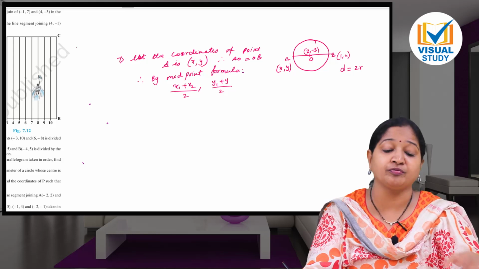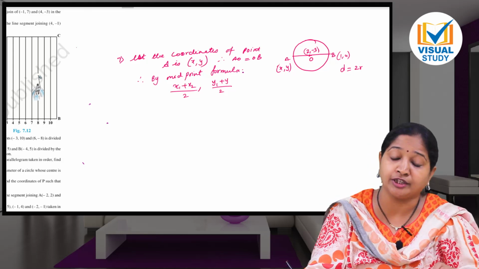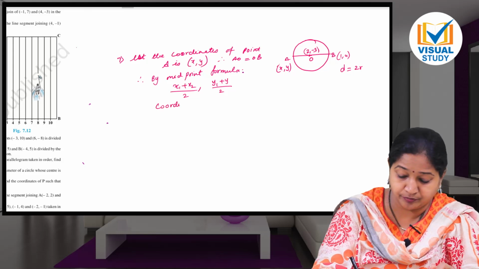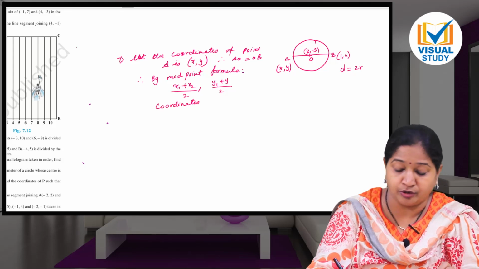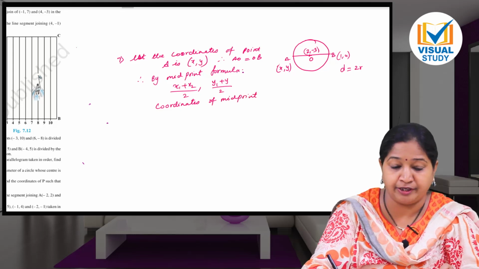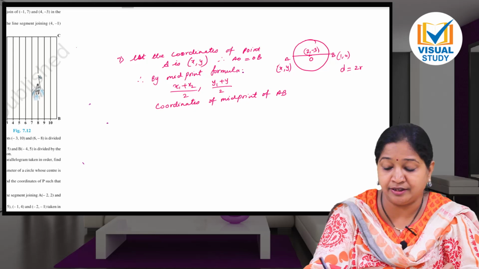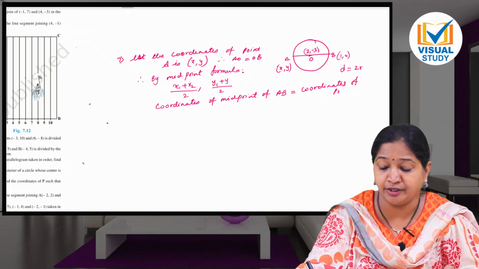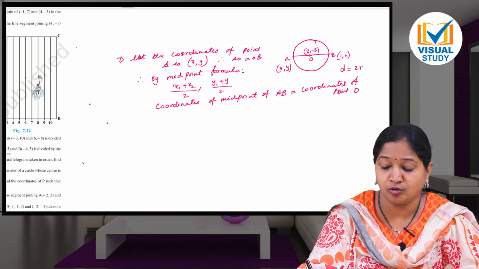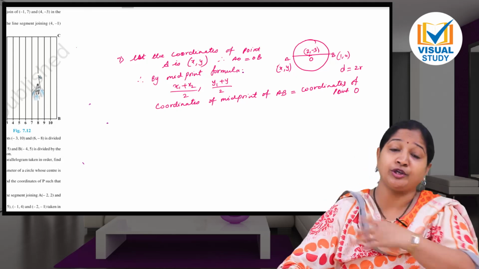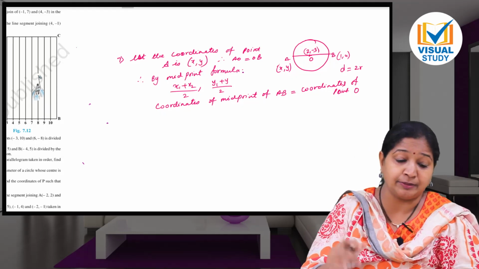Therefore, the coordinates of the midpoint of AB are equal to the coordinates of O. You have to write all these things here: coordinates of midpoint of AB is equal to coordinates of point O, because O is the center of the circle and O is the midpoint of AB.